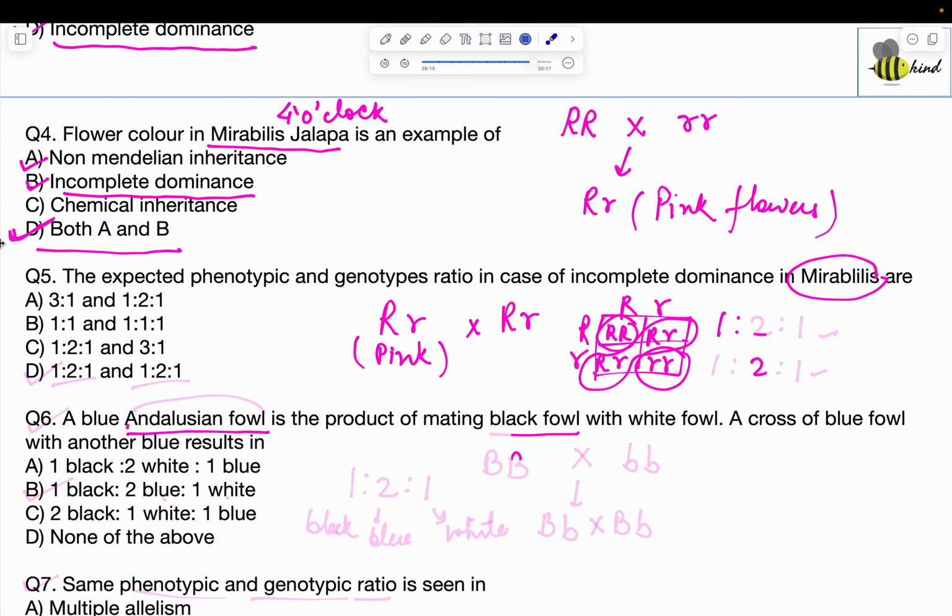So the phenotypic ratio was 1:2:1, and similarly the genotypic ratio is 1:2:1. So both the ratios are same in case of incomplete dominance. So the answer is 1:2:1 and 1:2:1.